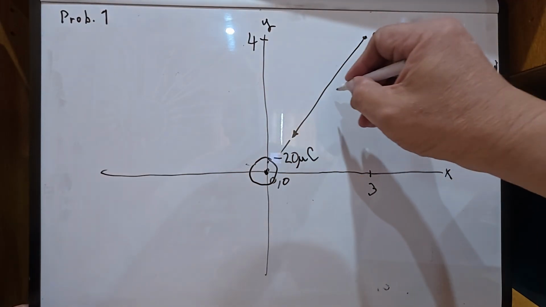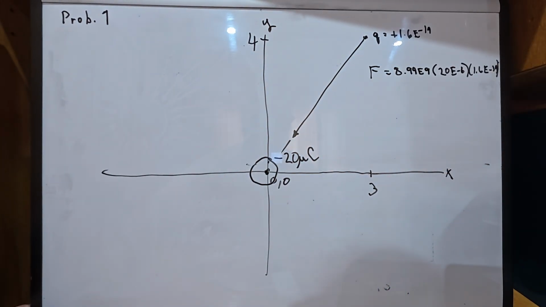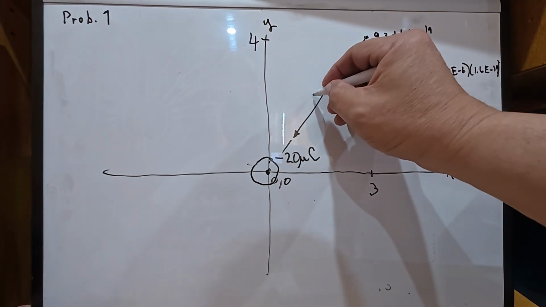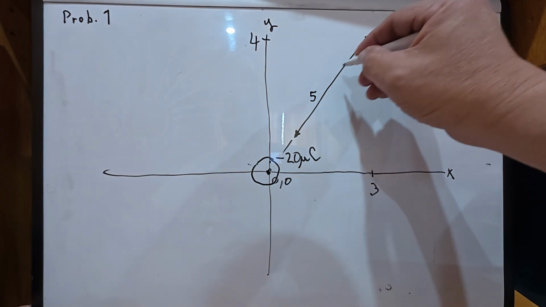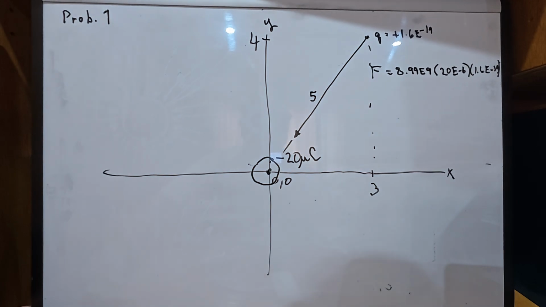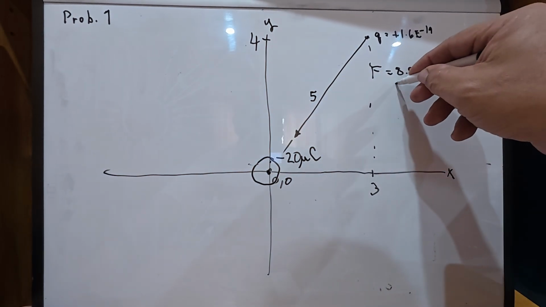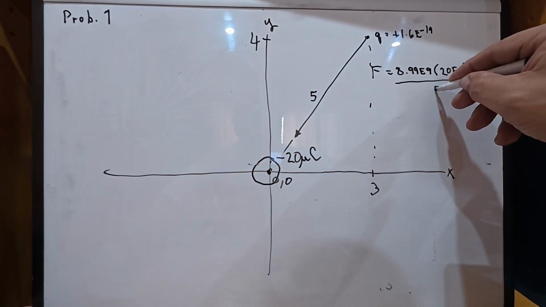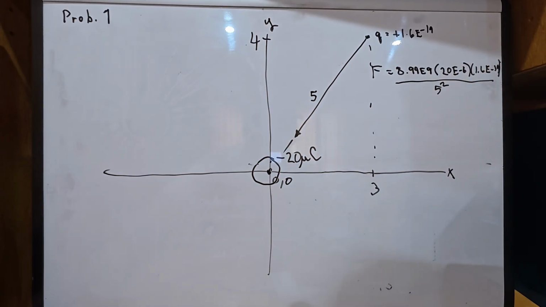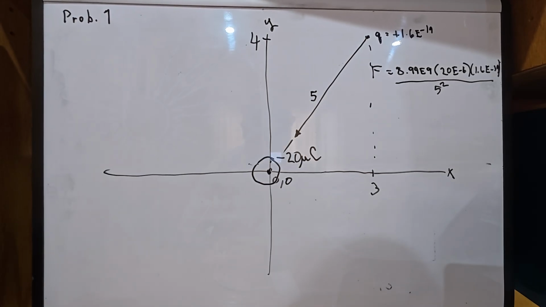And what is this distance? Recognize this is 3, 4, and that is a 3, 4, 5 right triangle. That's one of those right triangles where it happens to be a known value. If your sides are 3 and 4, then this hypotenuse is 5, so that r is 5 meters. We're using, of course, the units for distance in meters.